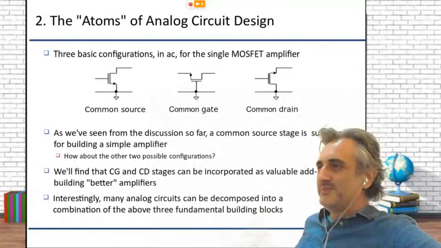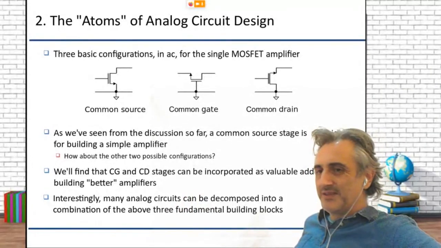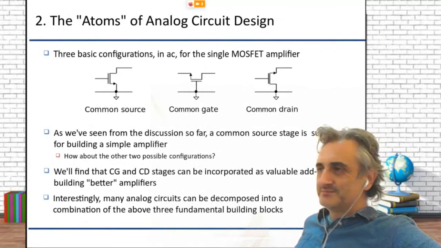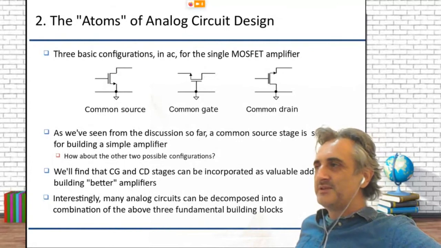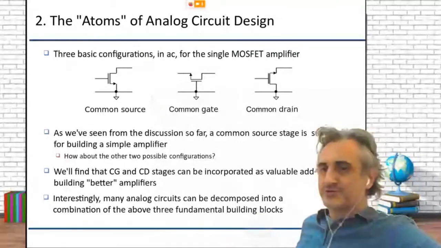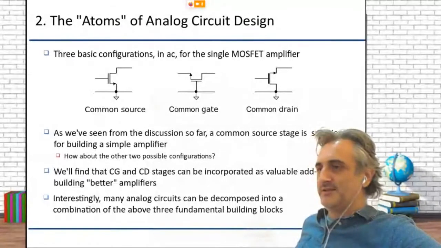For analog design, it's something very similar. We can get nearly any different amplifier by just combining three different basic configurations in small signal. The three basic configurations for the single MOSFET amplifier are the common source, the common gate, and the common drain.